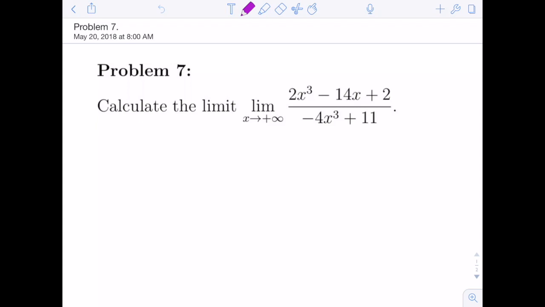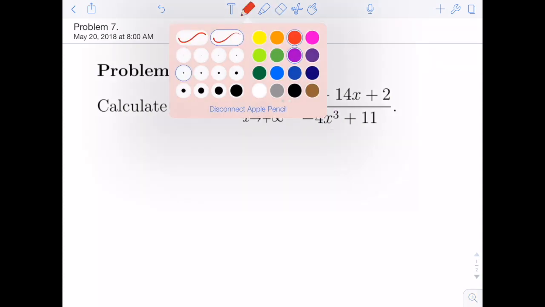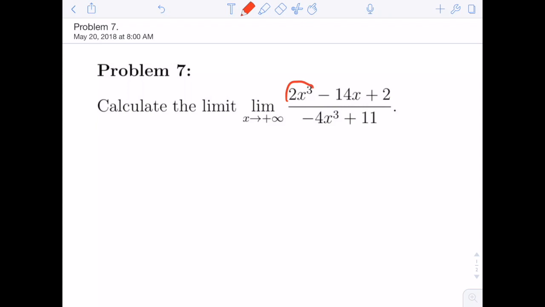And the thing to notice here is that in the numerator, the highest power of x is x cubed, and in the denominator, the highest power of x is also x cubed, right? So when you have that, the infinite limit is the ratio of the coefficients in front of them. So in particular, it's 2 divided by minus 4.